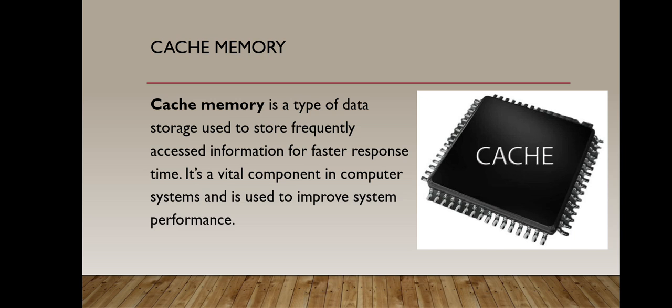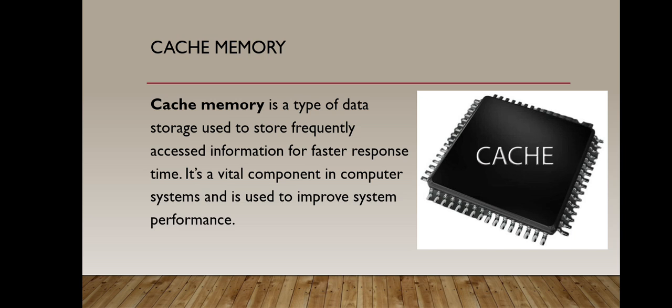Now, when we talk about a cache memory, it's a chip-based computer component that makes retrieving data from the computer memory more efficient. As you see on the screen, it's a type of data storage used to store frequently accessed information for faster response time.